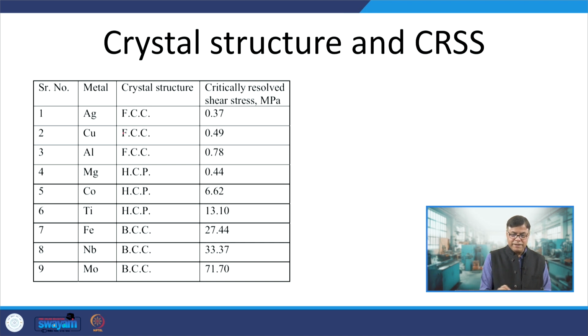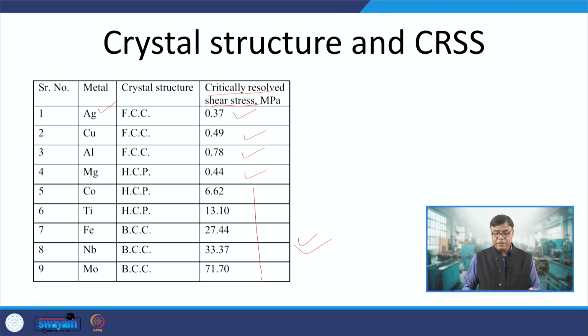Say in the case of a single crystal subjected to deformation by slip, the critically resolved shear stress required to cause the deformation in silver is 0.37, for copper 0.47, for aluminum 0.78, and for magnesium 0.44. HCP and BCC metals show significantly higher critically resolved stresses, and we can say this difference is due to the difference in the number of slip systems that these metals have.